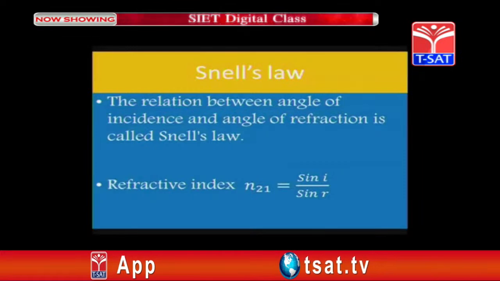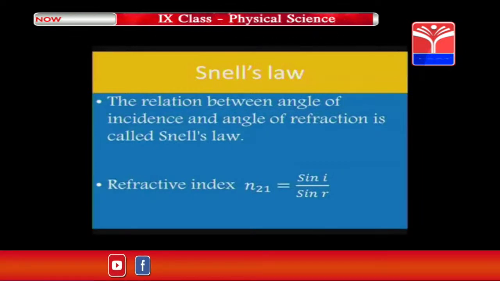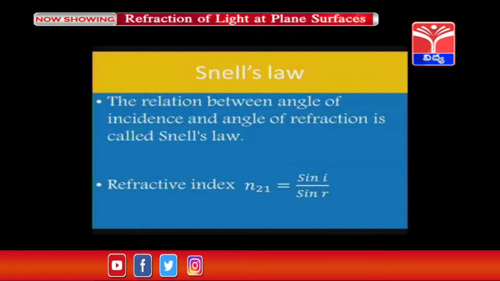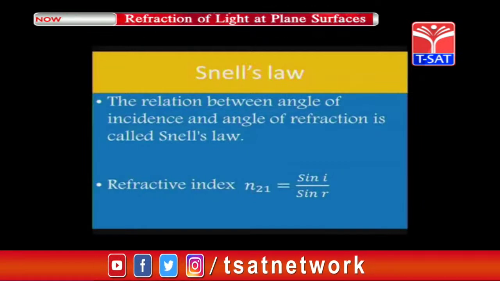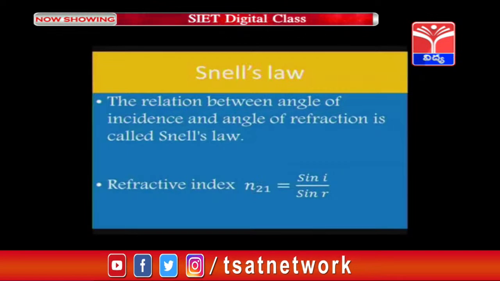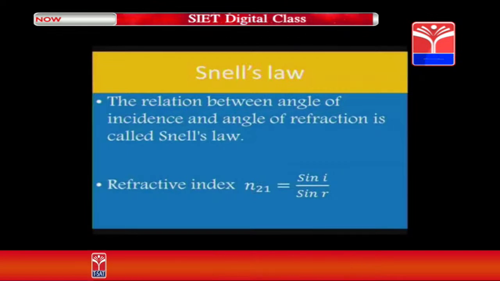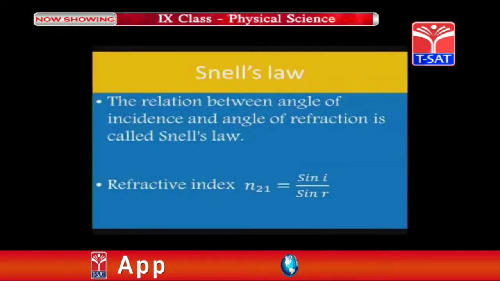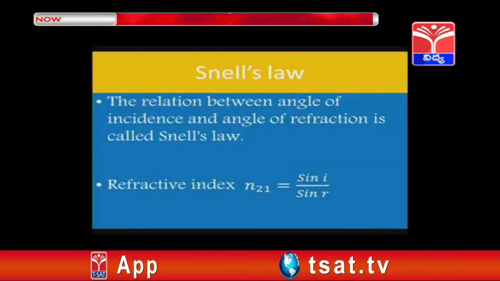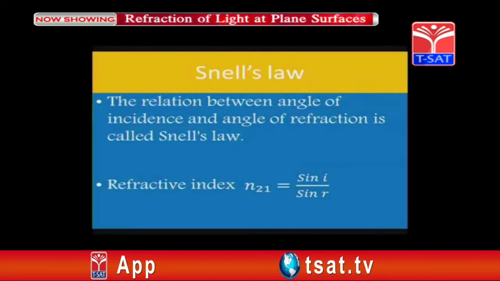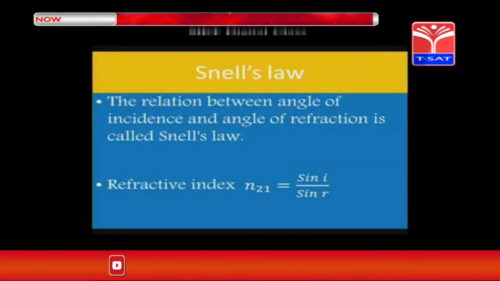So let us look at Snell's law. Snell's law gives the relation between angle of incidence and angle of refraction. So refractive index n21 is equal to sin i by sin r, where i is the angle of incidence and r is the angle of refraction.